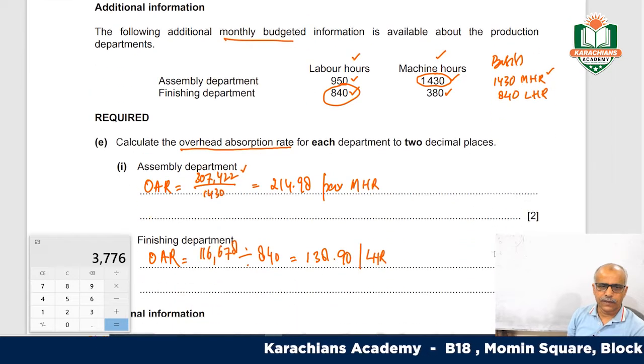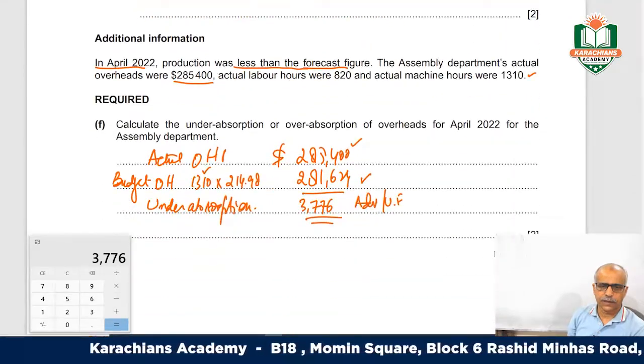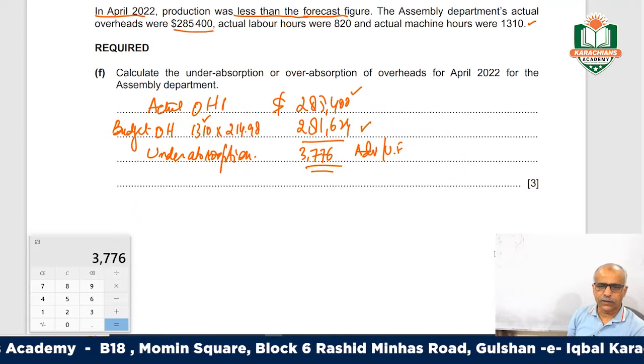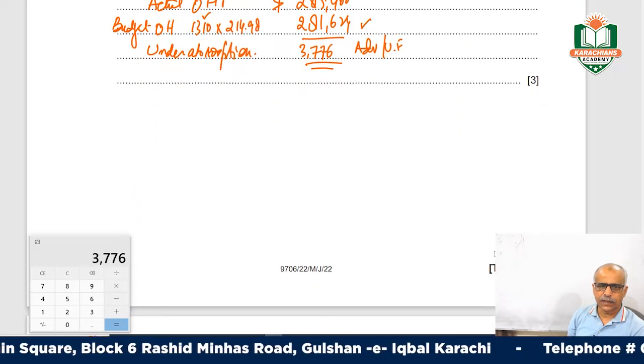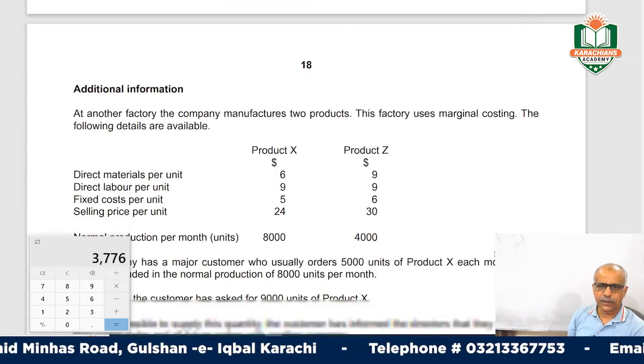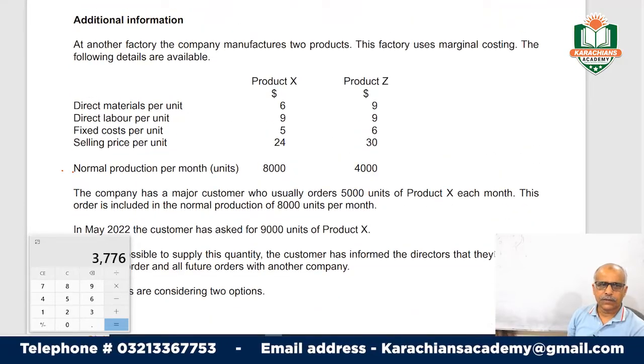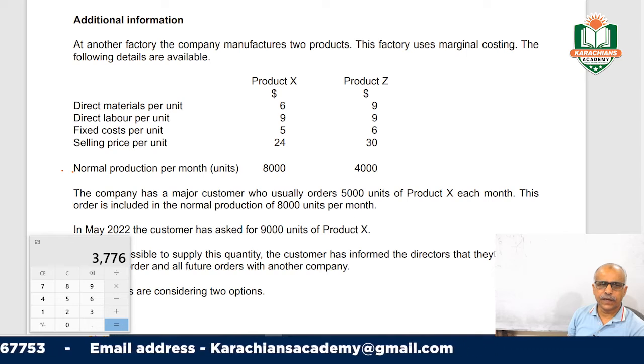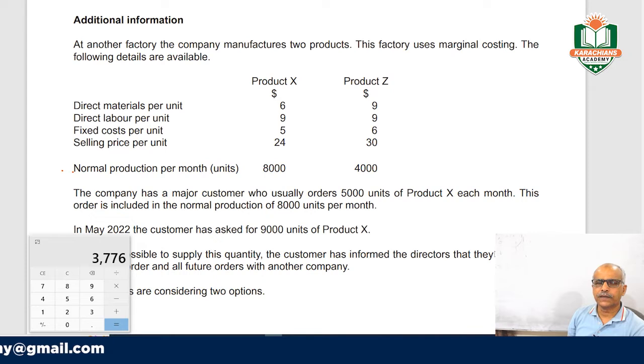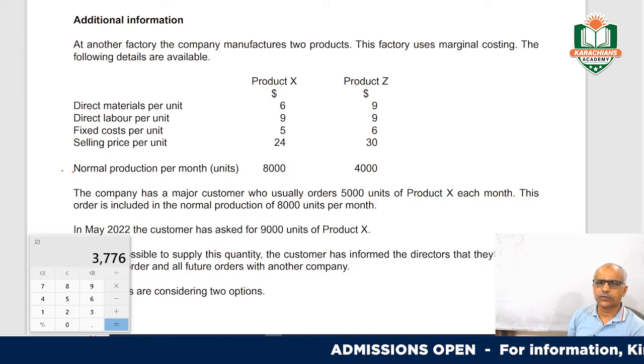We have done this absorption, and in our last class we calculated the under absorption of this. So, additional information: at another factory, the company manufactures 2 products.